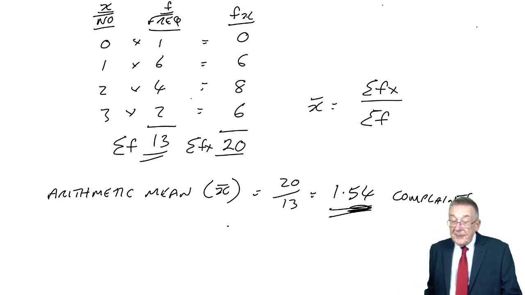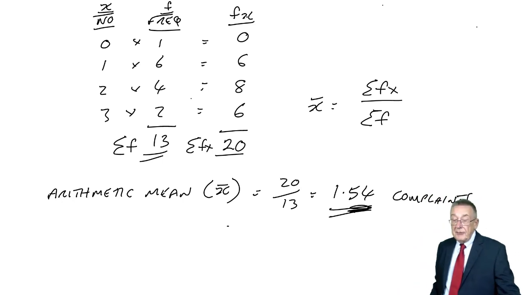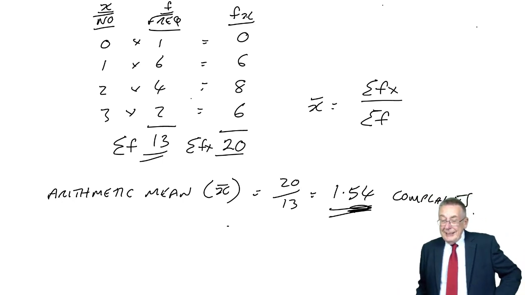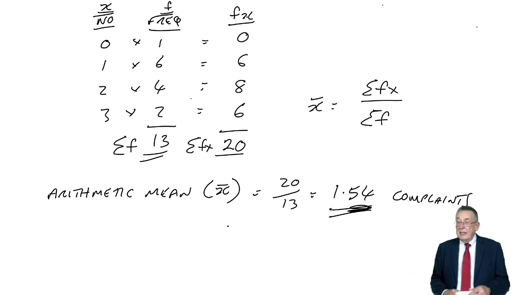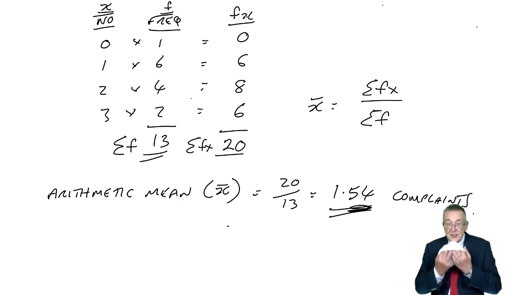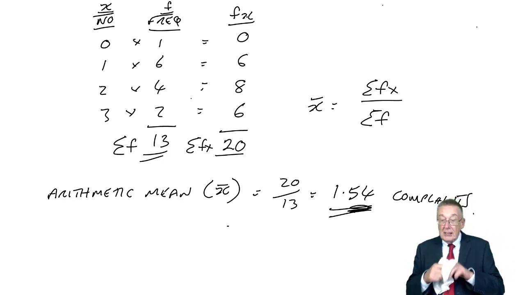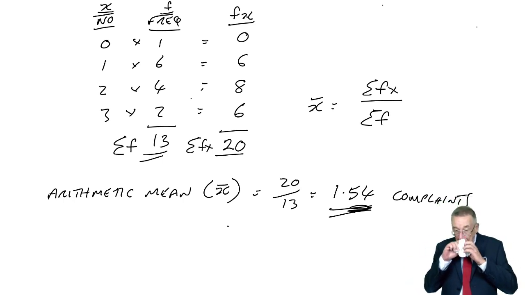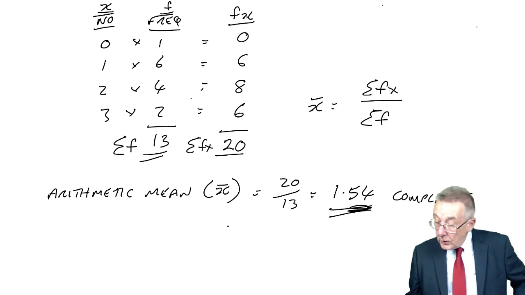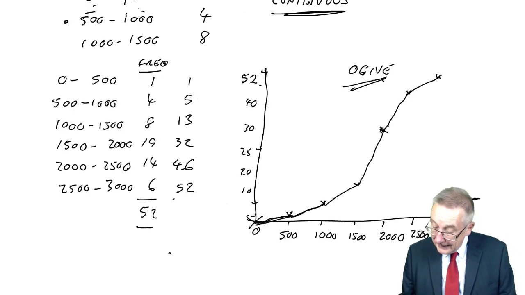And also, the average takes no account of how many are more than 1.54 and how many are less. And so a second measure, slightly less obvious, is what we call the median.